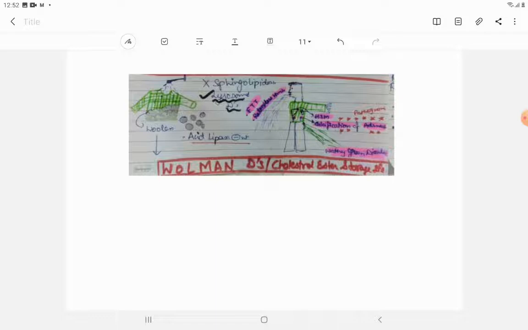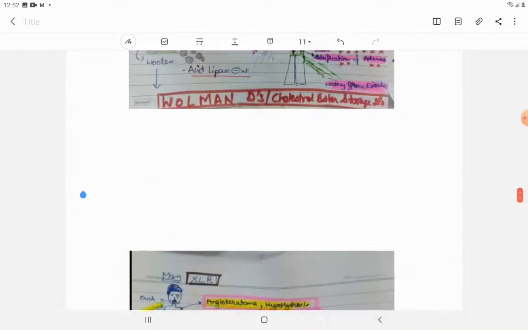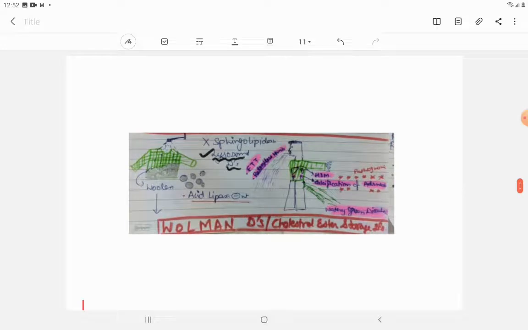Hepatosplenomegaly is there, and in the adrenals we'll find calcification, and that is pathognomonic of Wolman disease. So what we learned is that Wolman disease is a lysosomal disease with deficiency of acid lipase, and there is relentless vomiting, failure to thrive, green watery diarrhea, hepatosplenomegaly, and calcification of the adrenals.